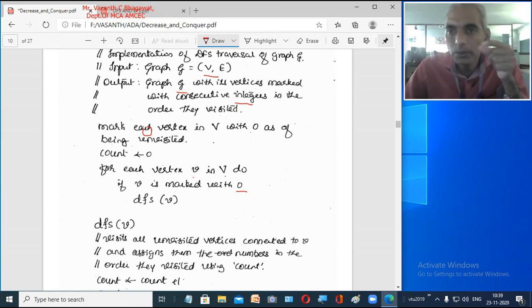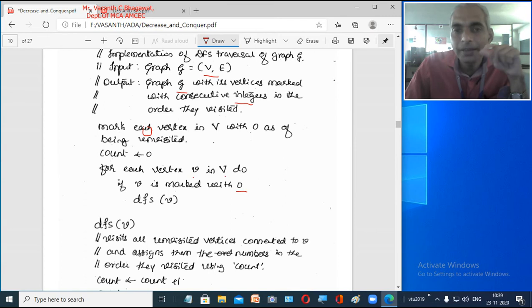You should go only to the vertices which are not visited. So you cannot go into the vertices which you have already visited. So you have to visit only those vertices which are unvisited.